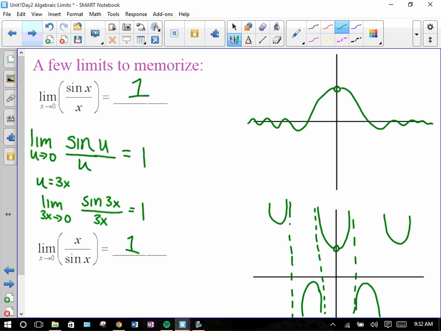My best explanation is that if you look at this graph, the only place it's going to equal 0 over 0 is at x equals 0. But this one is going to be undefined in a lot more places, because sine x equals 0 at 0, at pi, at 2 pi, at 3 pi.